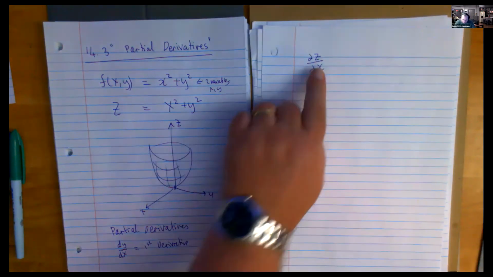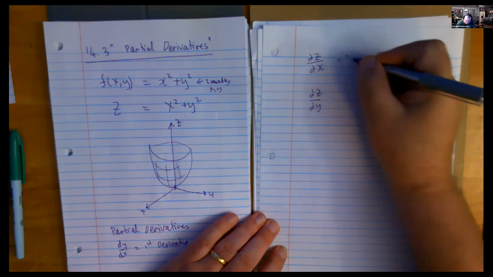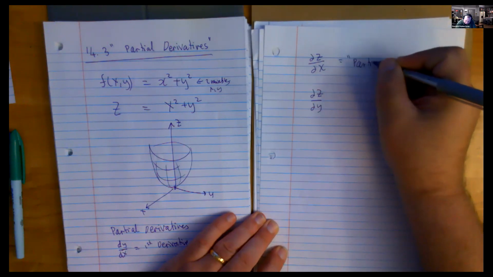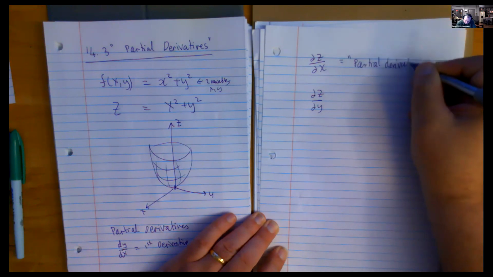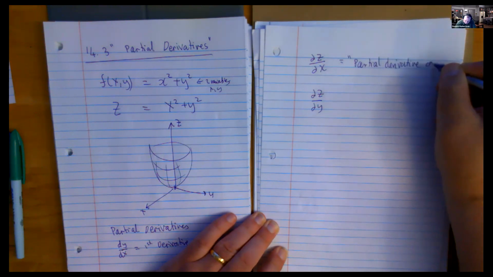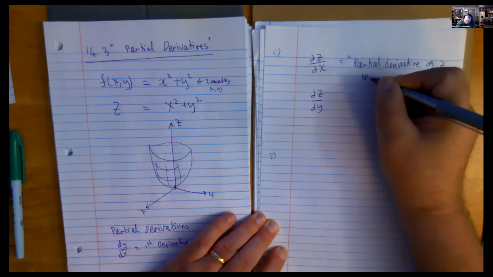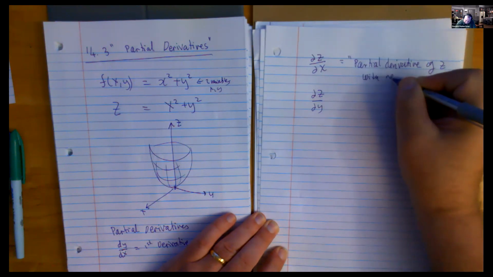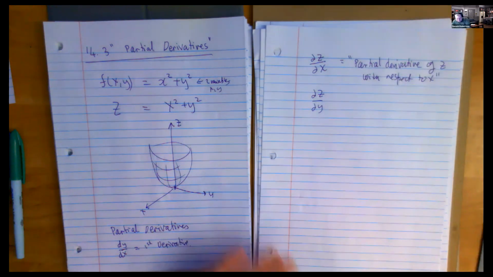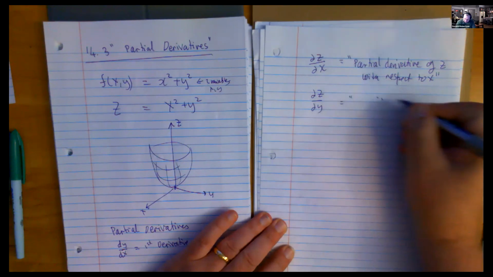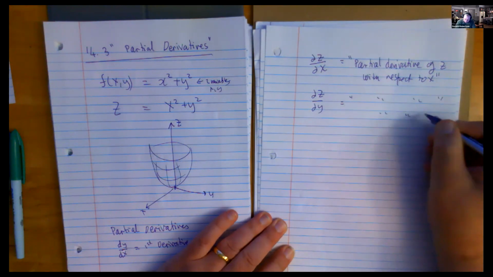And you read these out as the partial derivative of z with respect to x. That would be the formal way. Most people just say partial dz by dx. You just stick the word partial in front. And this guy here, can you imagine it would have exactly the same, except at the end with respect to y.